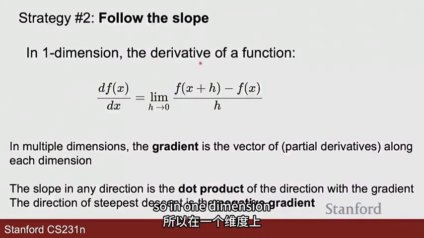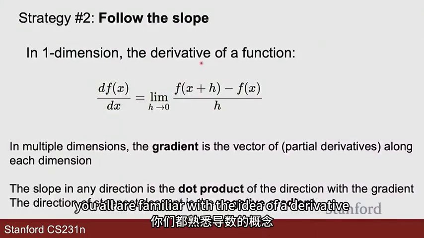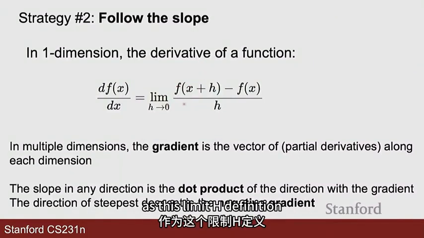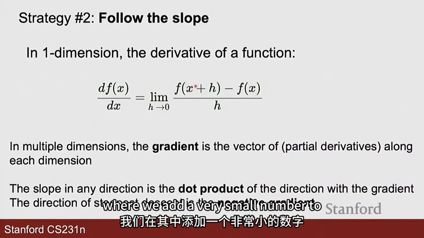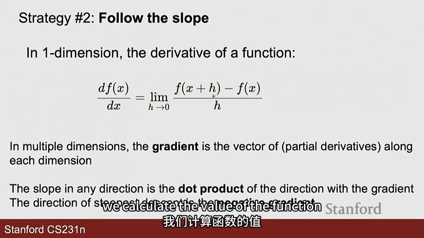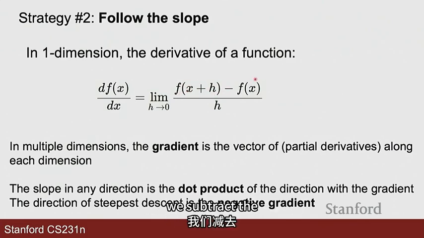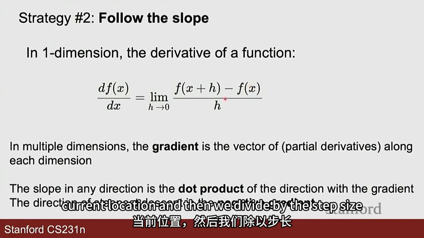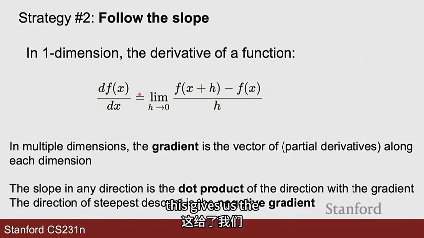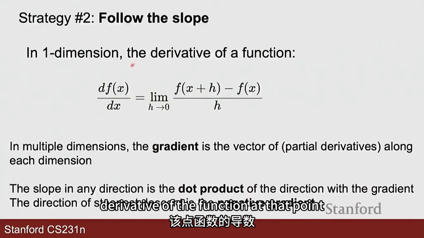In one dimension, I'm sure you all are familiar with the idea of a derivative, which in calculus we can think of as this limit h definition, where we add a very small number to our current location. We calculate the value of the function at that new location. We subtract the current value, and then we divide by the step size. And as we take the limit for h approaching 0, this gives us the derivative of the function at that point.